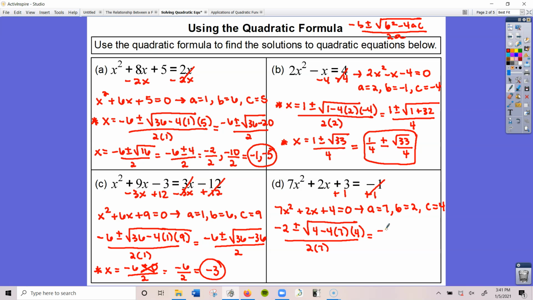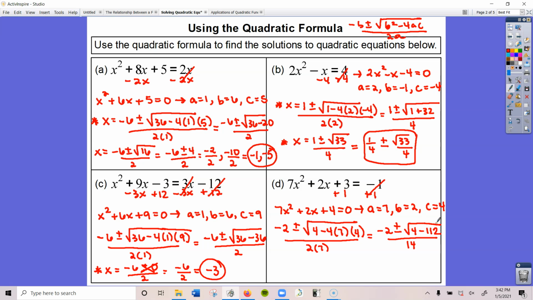Now when we work this one out, we get here negative 2 plus or minus the square root of 4 minus 4 times 7, which is 28, times another 4, which is 112. And it's all over 14.